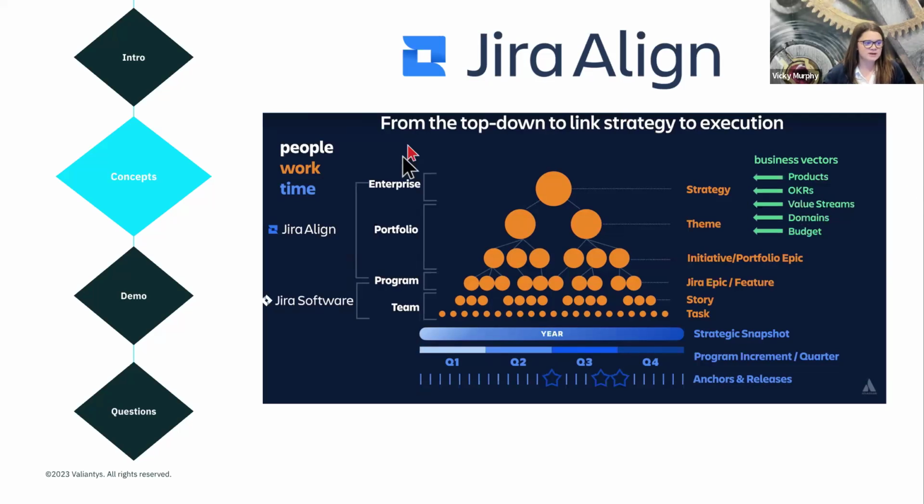So over here on the left in the white words, we see the people and we see the work that they are doing, or what we would call those work items really in the tool over here on the right. So at the top, we have our enterprise. So this is going to be that high level strategy that is being set, often set by our C-suite or executive leaders. Below that, we get into that portfolio level.